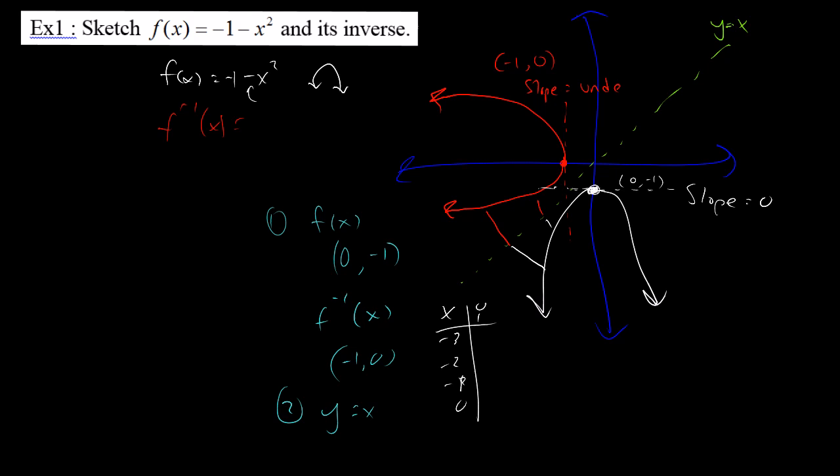Or you could think of it as 1 over 0. So slopes are inverses. So not only are our dots inverses of each other, but so are the slopes. So slopes are inverses. And by inverses, I mean reciprocals.